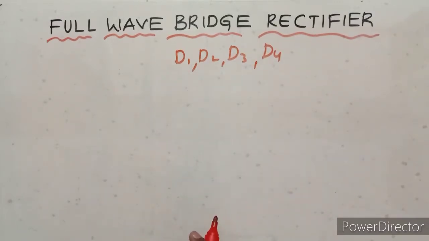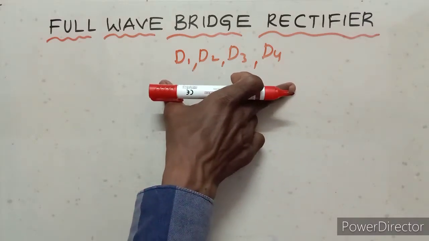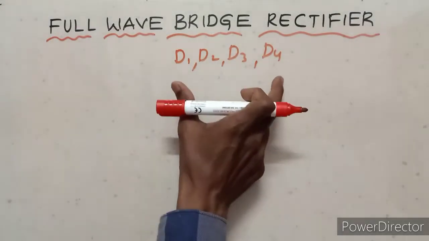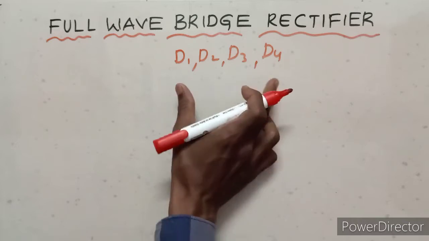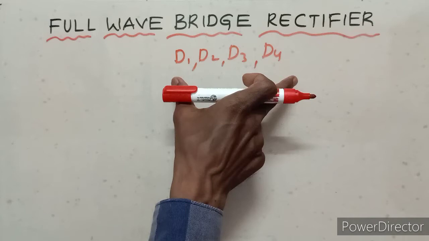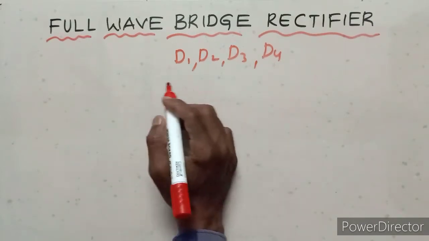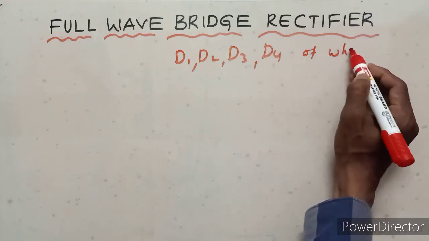These 4 diodes are arranged in the form of 4 resistances. Not resistances exactly, but like the form of the 4 resistances of a Wheatstone bridge.